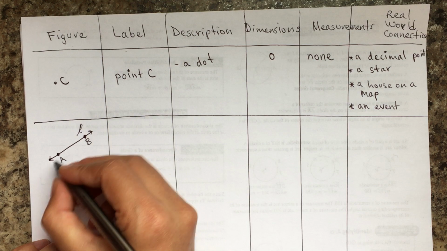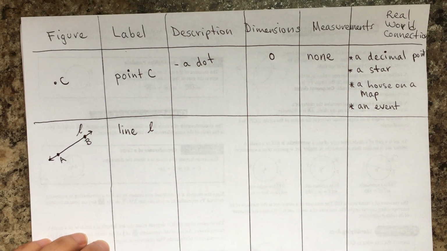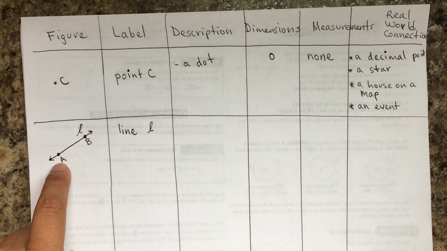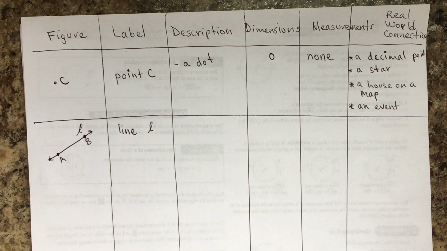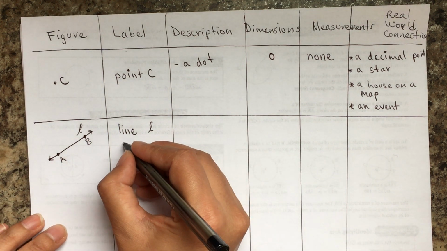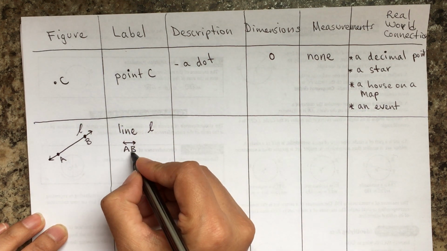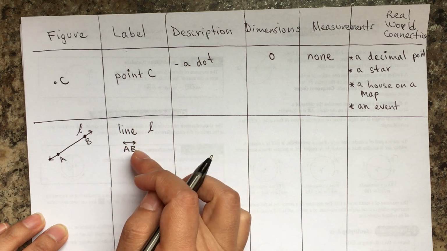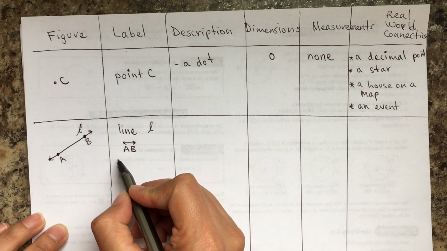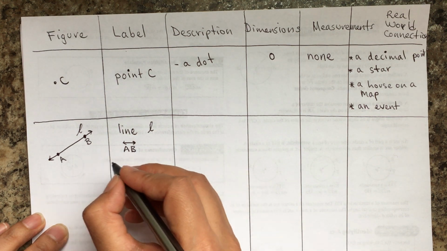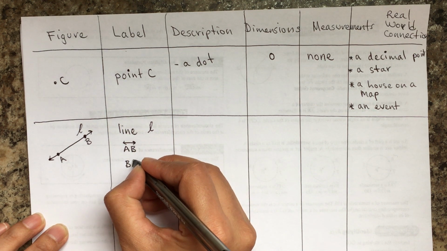And so for the label, we can say that this is line L. But if we want to name it or label it by its points, we can also say line AB. Notice how I'm using a symbol for this. This is a mathematical sentence, but if you were to describe it in words, it would be line AB. But the same line can also be called line BA.